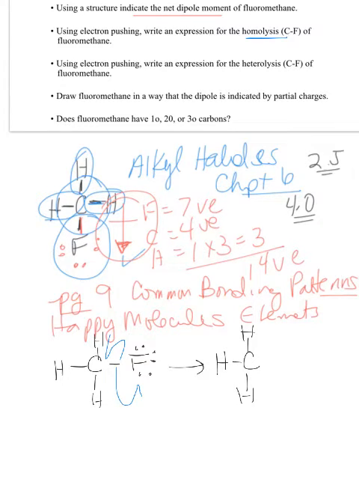So fluorine gets one of those electrons in that bond, and carbon gets the other. I just indicate those in blue that were in that bond. And they're neutral. So that's homolysis. That's what you have in free radical reactions. You do free radical reactions, I believe, in chapter 4.